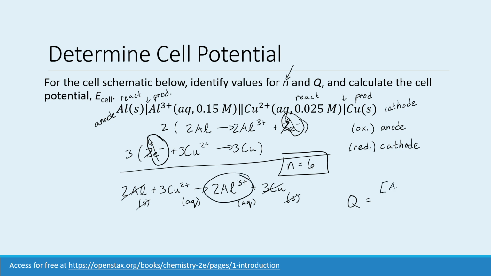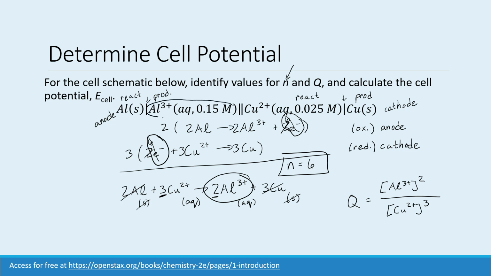So on the product side, we have the 2 aluminum ions, and so we've got the aluminum 3+ ion concentration raised to the power of 2 from that coefficient. And on the bottom, we've got the copper 2+ ion raised to the 3rd power, again based on that coefficient.